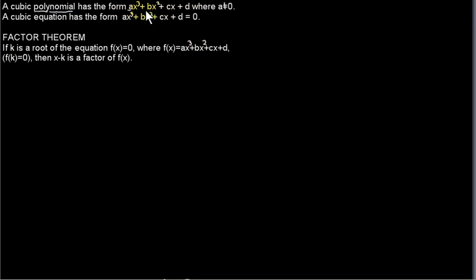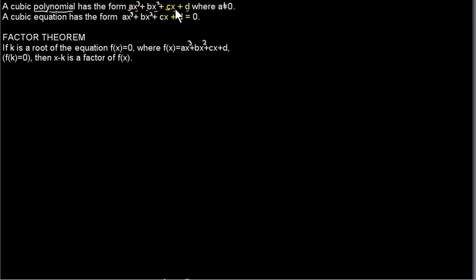Now the letters A, B, C and D usually stand for given values. We normally have those values. The letters from the start of the alphabet normally denote given values. Whereas X is an unknown, or it can vary. So letters from the end of the alphabet like X, Y or Z are used to denote unknowns.